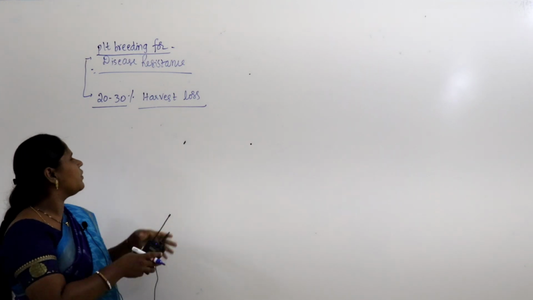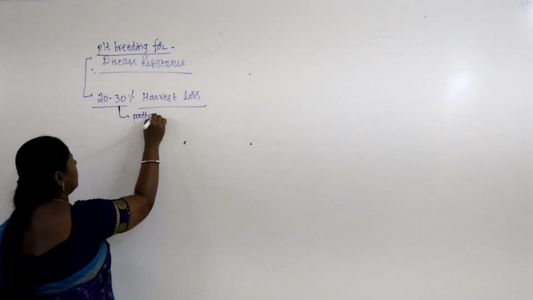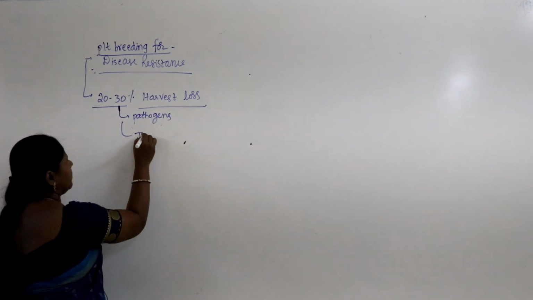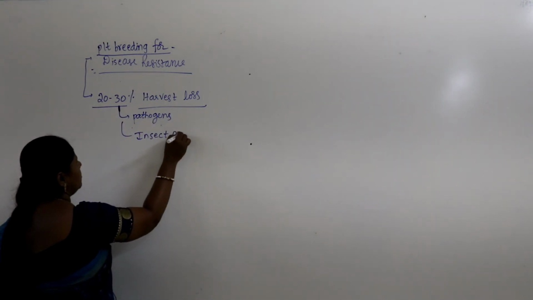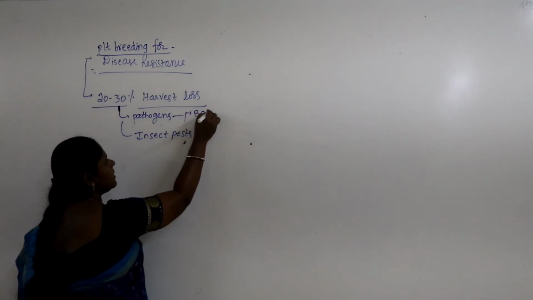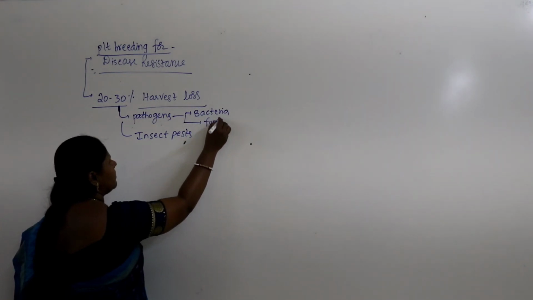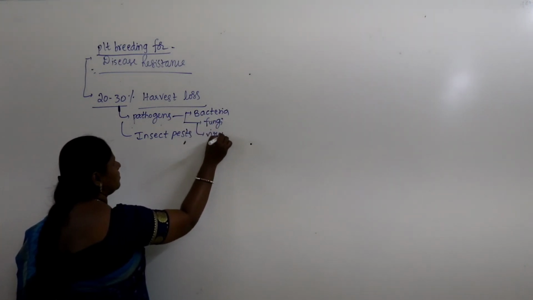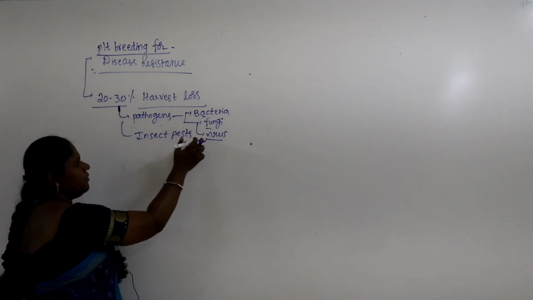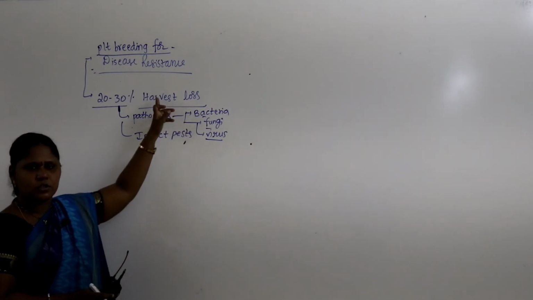It is because of the most common disease-causing organisms, such as pathogens and insect pests. In the last class we discussed that pathogens are nothing but bacteria, fungi as well as virus. These may cause infection to the plant.